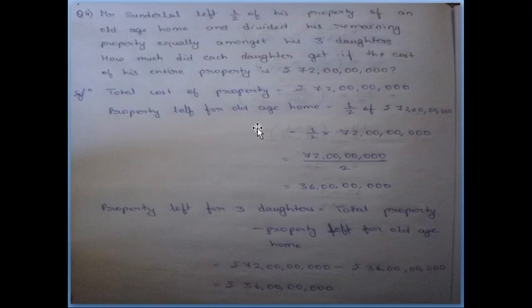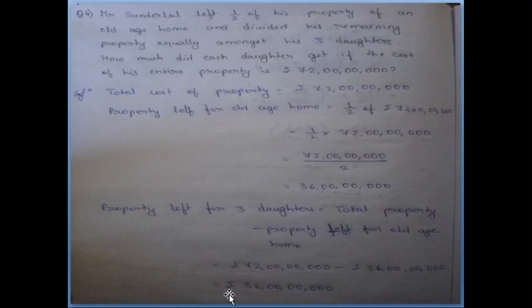Now we want to find out how much he left for the 3 daughters. If half is given to the old age home, the remaining half will be for the 3 daughters. So the property left for 3 daughters equals total property minus property left for the old age home. Total property is rupees 72 crore and the property left for the old age home is rupees 36 crore.